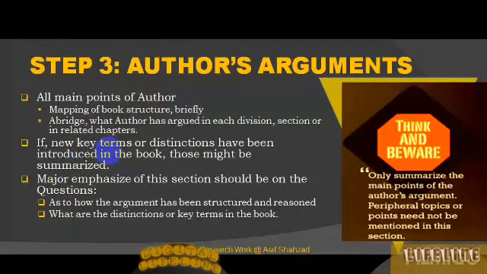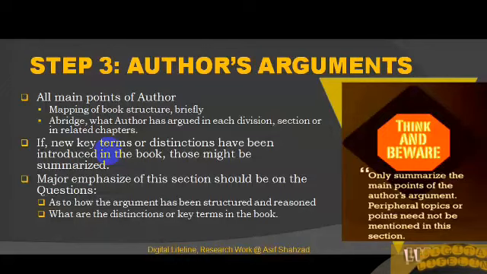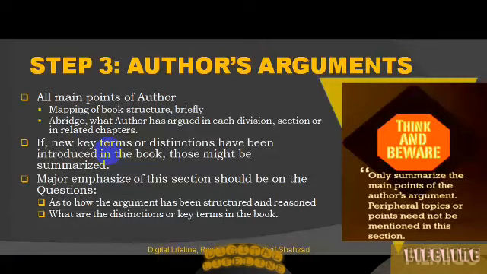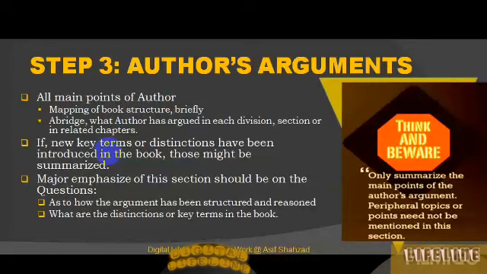Students, this portion is about the author's argument. This is also an important part of your evaluation. This portion should consist of 2 to 3 paragraphs of your critical evaluation, and what you have to concentrate on in this section is the main points of the author's argument in the book.